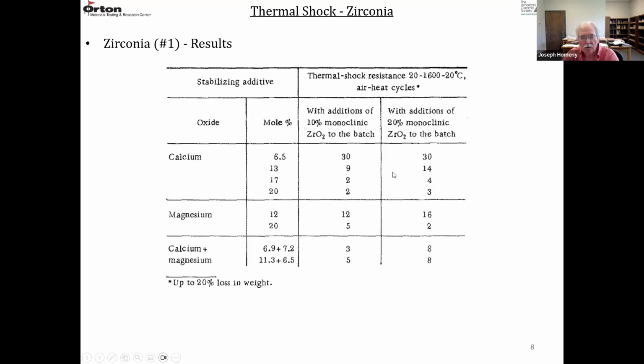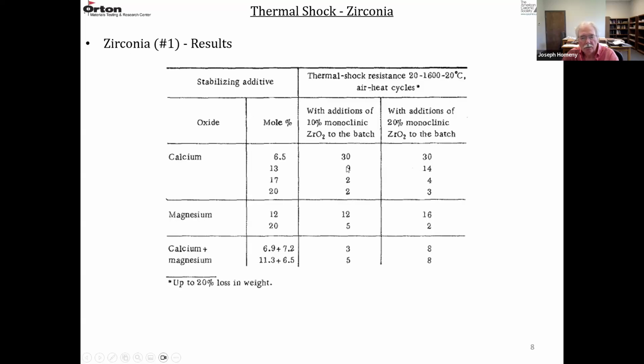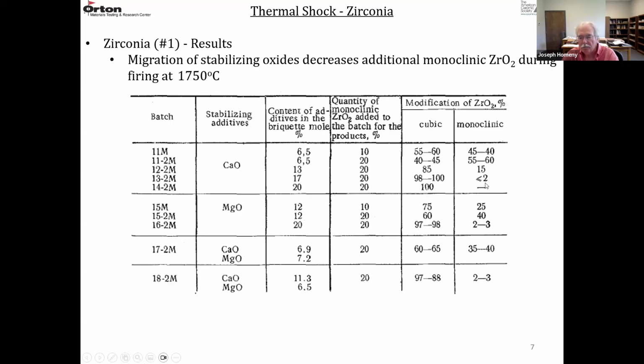And then you can see 13% had quite a bit of monoclinic, 9 and 14 cycles. Then these last two had 15 and 2.